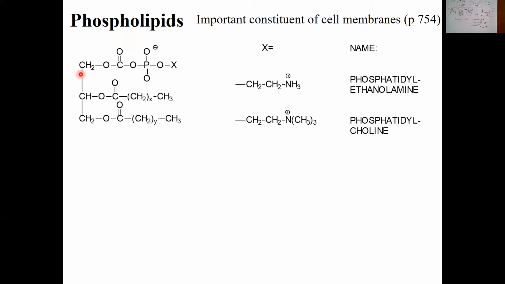Phosphatidylcholine is the most common lipid found in our membrane bilayers. It's a large percentage of our membrane bilayers. One thing that esters do, and these lipids do, is they regulate signaling pathways within our bodies. So there are some enzymes that will cleave this ester bond specifically, making that lipid no longer part of the bilayer.